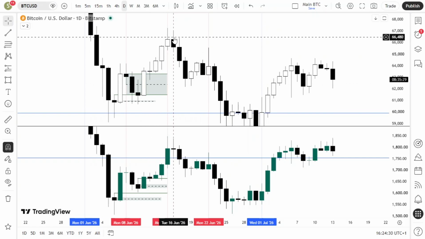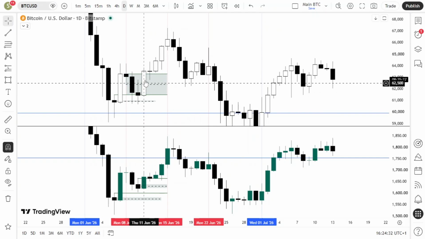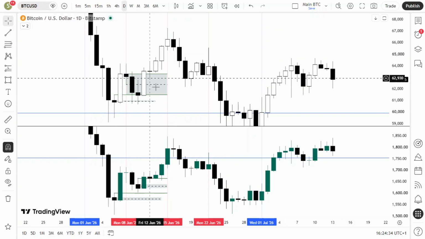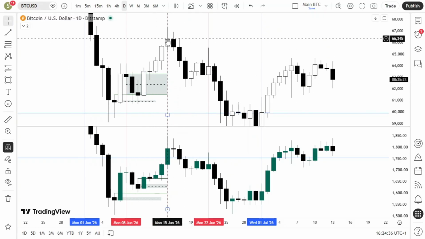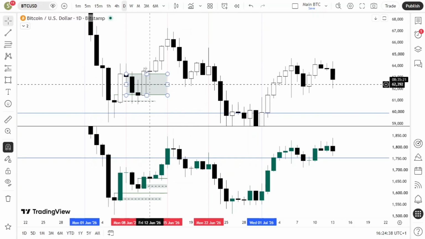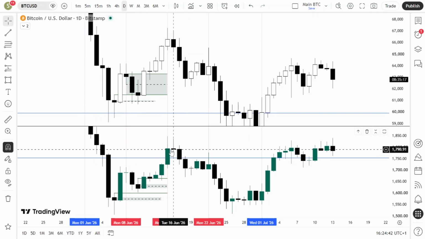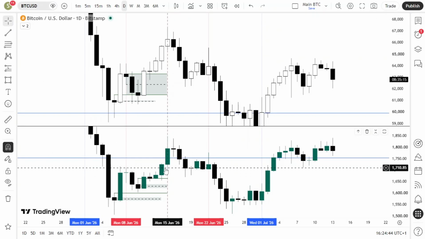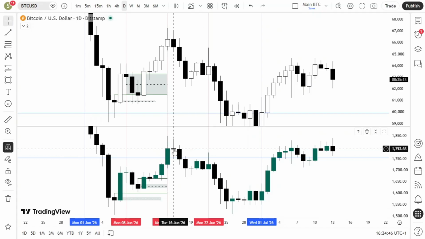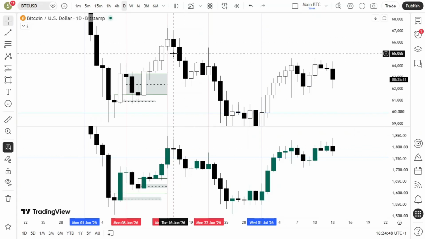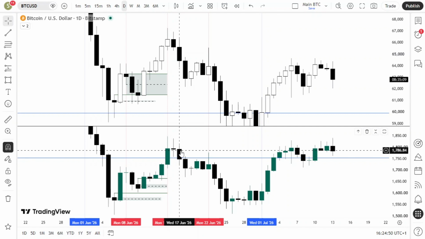And that's what is happening here. It drops down and it taps the order blocks over here. It drops down and it taps the order block over here. And the same thing here, even though this does not have a bearish order block on that same Tuesday, we can use the information from BTC and then we work with that information.